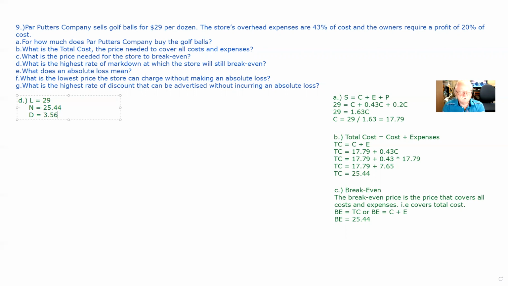That didn't work. So we can calculate the rate of discount is equal to the dollar value of the discount divided by the list times 100. So the rate of discount is equal to 3.56 divided by 29 times 100. And what do we get there? Let's find out.